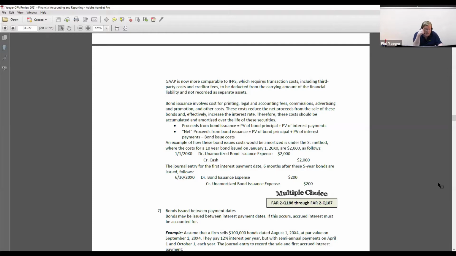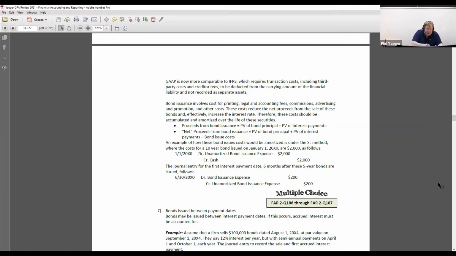So it says here, therefore, these costs should be accumulated and amortized over the life of the bonds. Now, let's assume we have this scenario. An example of how these bond issue costs would be amortized is under the straight line method. So you amortize the bonds over the straight line method from the issue date to the date the bonds mature.